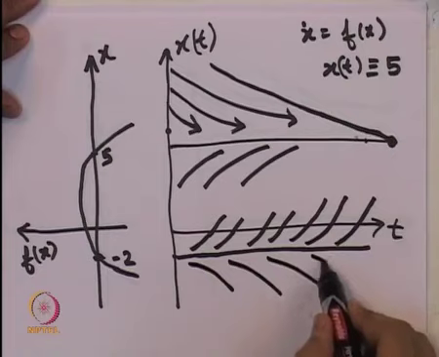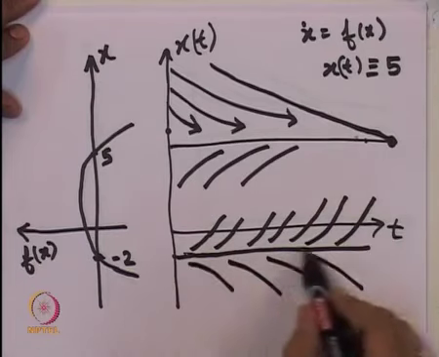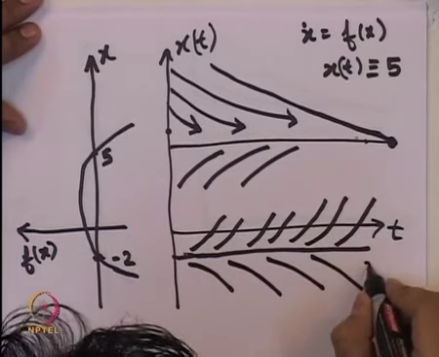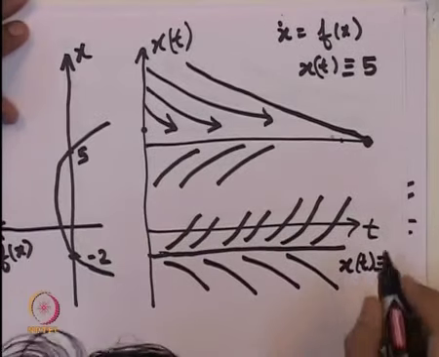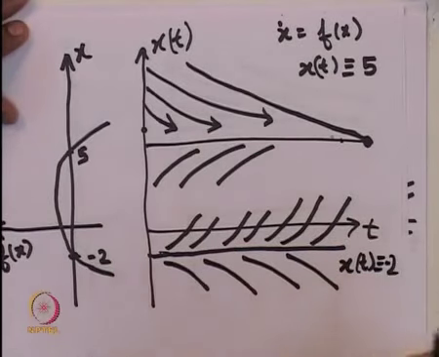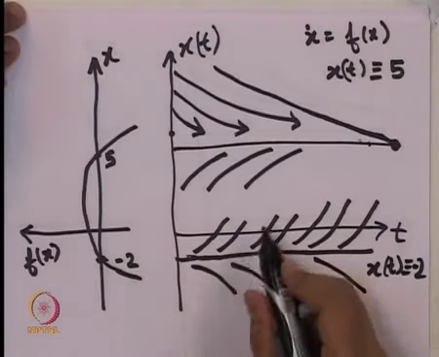So, we see that all trajectories are going away from this equilibrium solution. What is that equilibrium solution? The constant solution corresponding to x of t equivalently equal to -2. This constant solution, all trajectories seem to be going away.